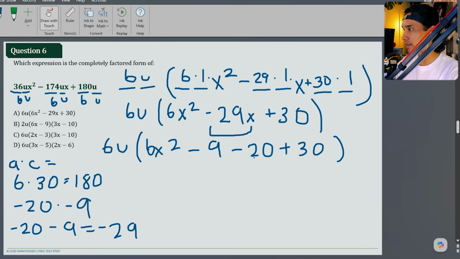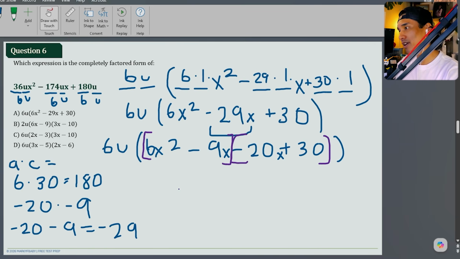Okay, and then I forgot to put the x's here. All right, perfect. And now what I'm going to do from here is group these, okay? I'm going to group this 6x squared and this negative 9x, and then this negative 20x with this 30, okay?